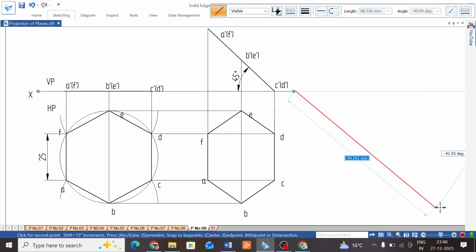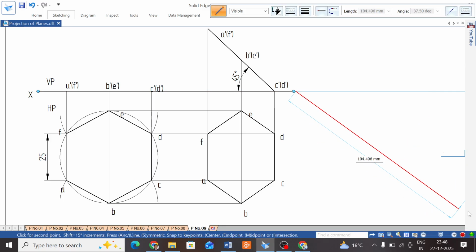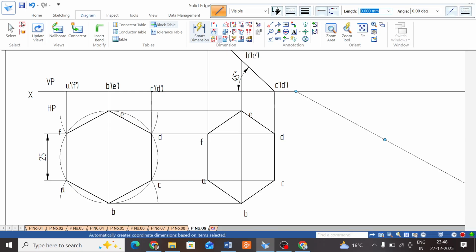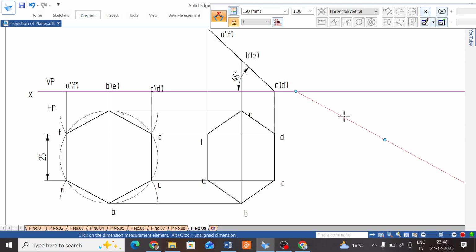Show the angle using a protractor: draw the 30-degree line and show the angle from the XY line to this inclined line is 30.